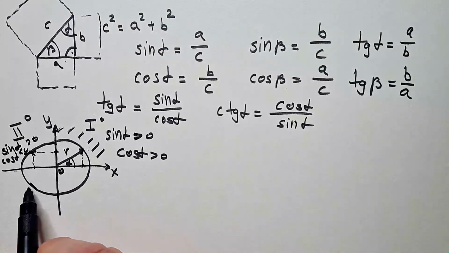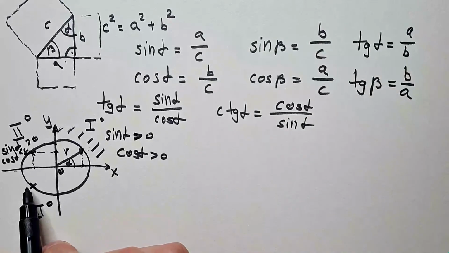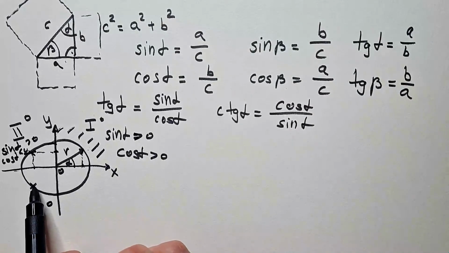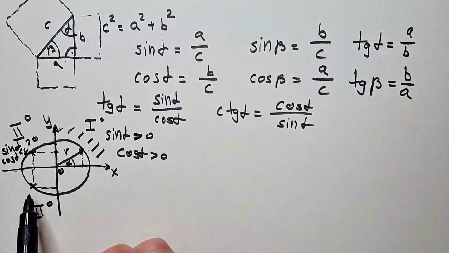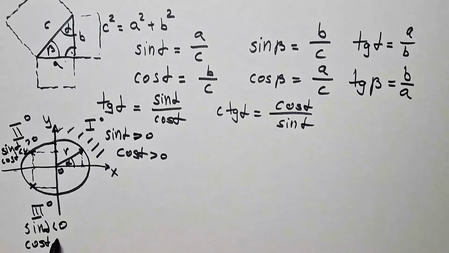Now we move here and we call this the third quadrant. In the third quadrant, both projections are negative, and therefore sine alpha is less than 0 as well as cosine alpha is less than 0.